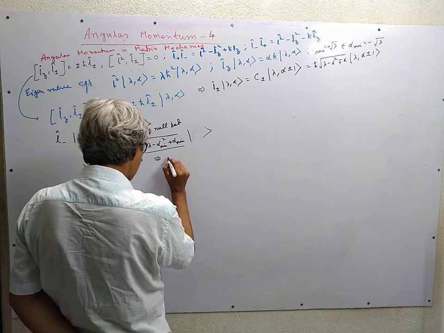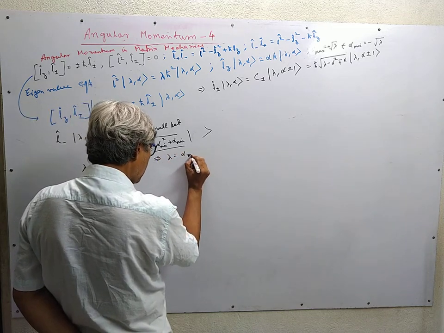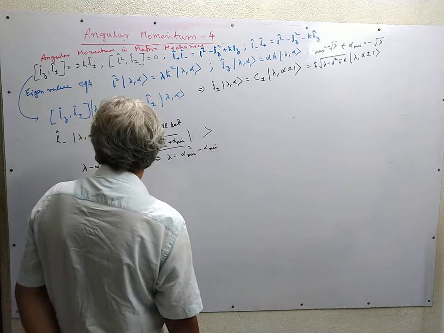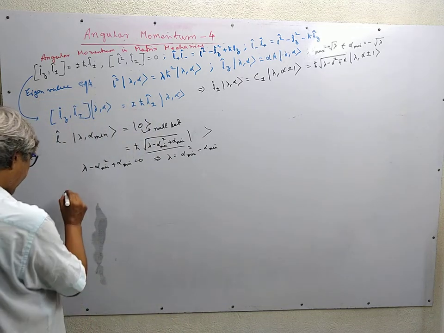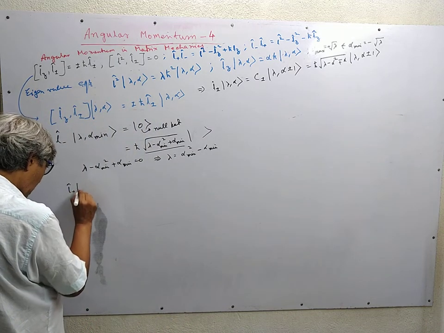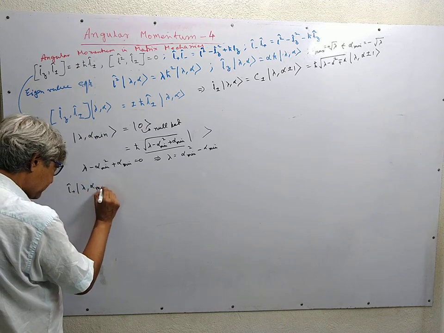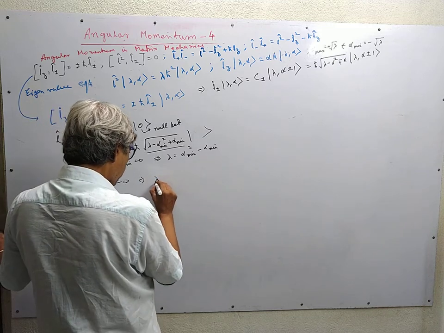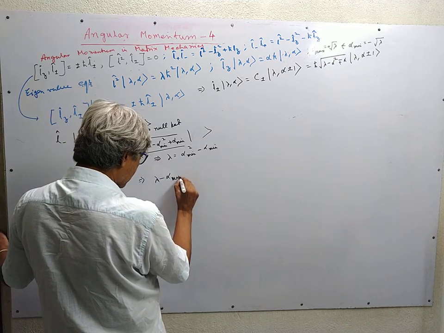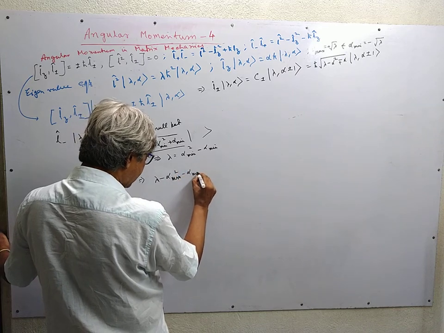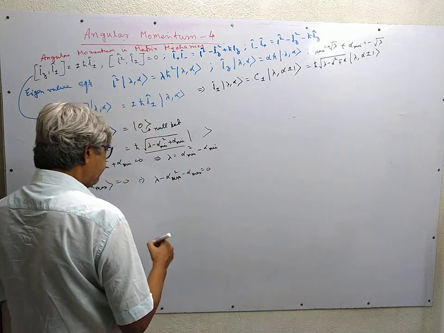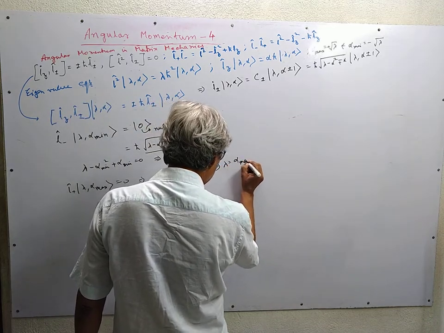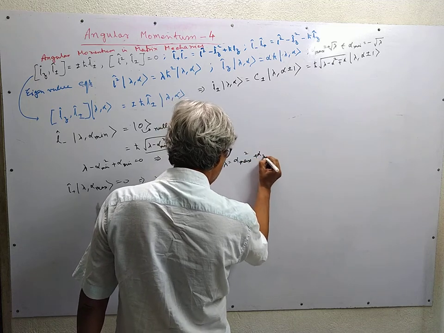That gives you lambda is equal to alpha min square minus alpha min. Similarly, if we operate L plus on lambda alpha max, this must be 0, which gives you lambda minus alpha max square minus alpha max is equal to 0, or lambda is equal to alpha max square plus alpha max.